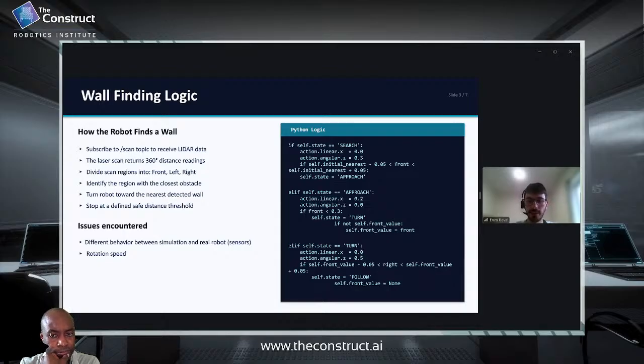And then the last part is the turn part, where the robot is turning until its right value matches the previous front value, which means that basically a 90-degree rotation has been made. Algorithm stops.